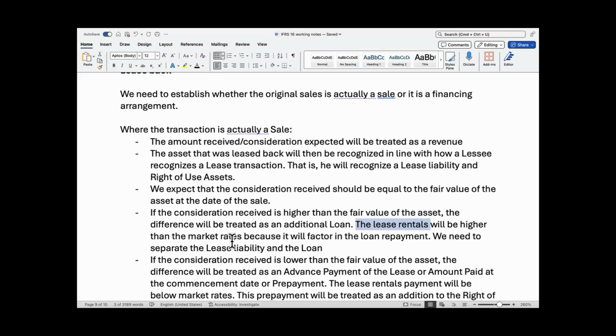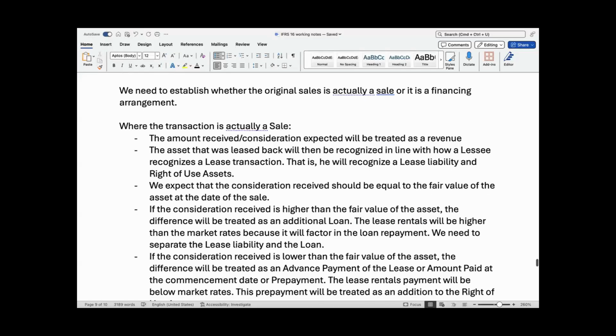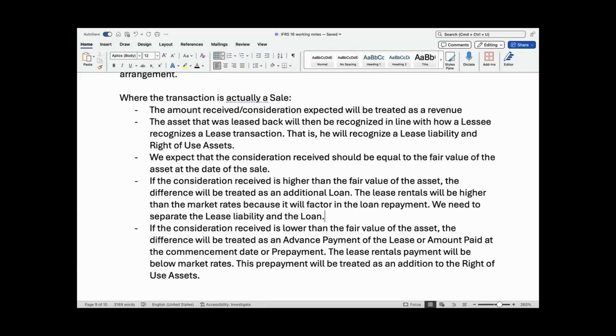You have to remove that loan from the amount you get, because they will give you the loan amount. The balance will be the lease liability. I will show you a question that actually settles this. So where the consideration received is higher, that's a loan, and we'll need to separate that loan from the lease liability. Otherwise, it will affect some of your calculations.